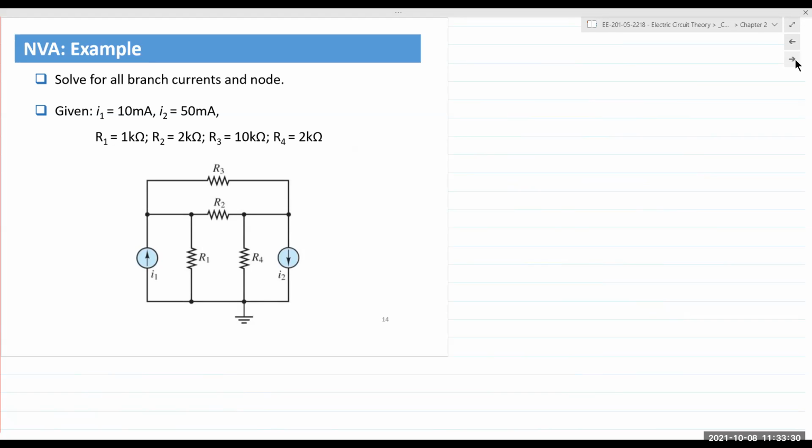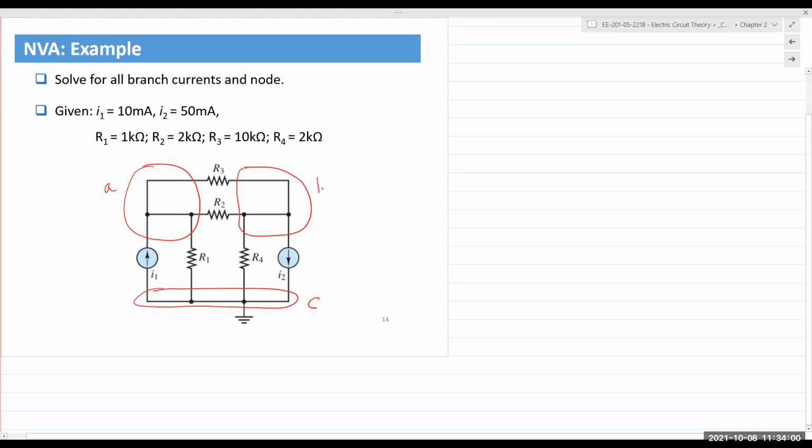First time I solved this many years ago, I counted 5, and I was like 20% into the problem before I realized my error. So there's only 3 nodes. There's this node right here at the bottom. We'll call it C. And all of this is one single node because it's only wires. There are no components between those wires, right? It's one single node. And this also is one single node. It's only 3 nodes.